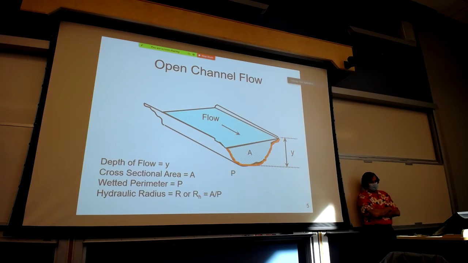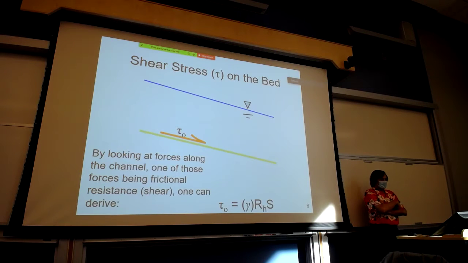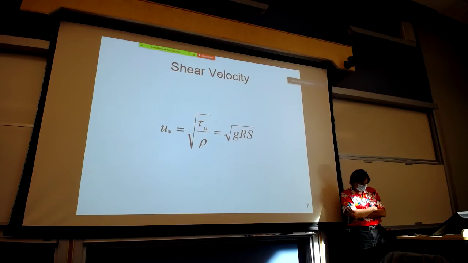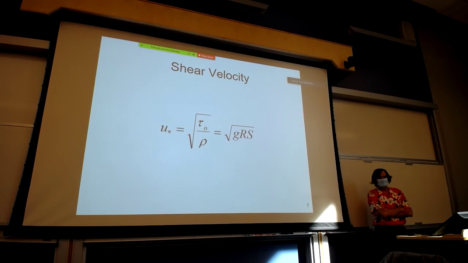So not only the discharge, but the depth of flow, the cross-sectional area, the wetted perimeter, and the hydraulic radius. Hydraulic radius is sometimes also called hydraulic depth. And we could also perform a momentum analysis for steady uniform flow and calculate the shear stress on the bed. And from that bed shear stress, we can calculate something called the shear velocity. And I mention a lot of these because they're all in your reading.